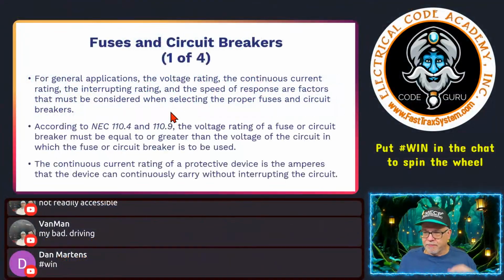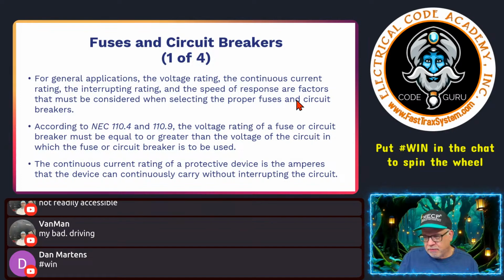All right. Fuses and circuit breakers. For general applications, the voltage rating, the continuous current rating, the interrupting rating, and the speed of response are factors that must be considered when selecting a proper fuse and circuit breaker. Right. So you'll hear people talk about trip curves again, times 0.1, 0.01. You'll hear people talk about all these things.